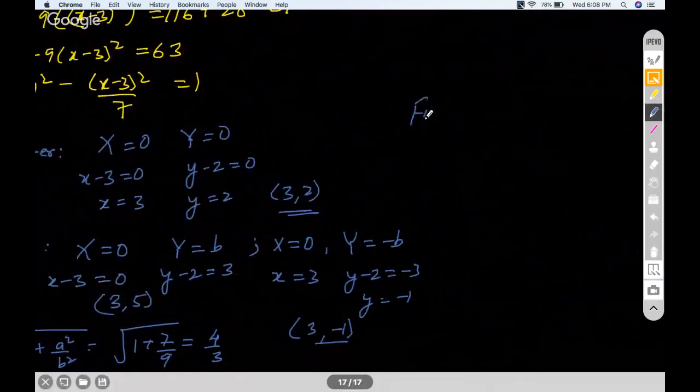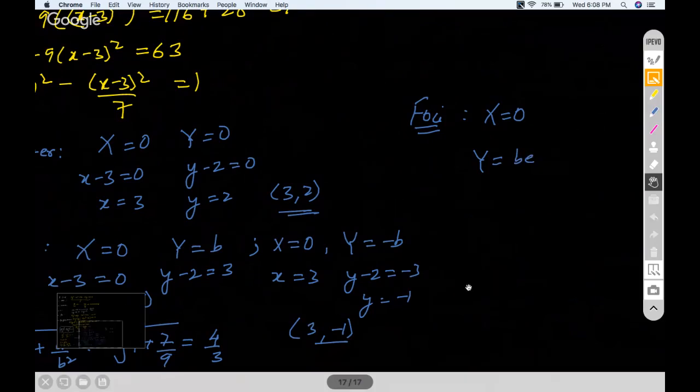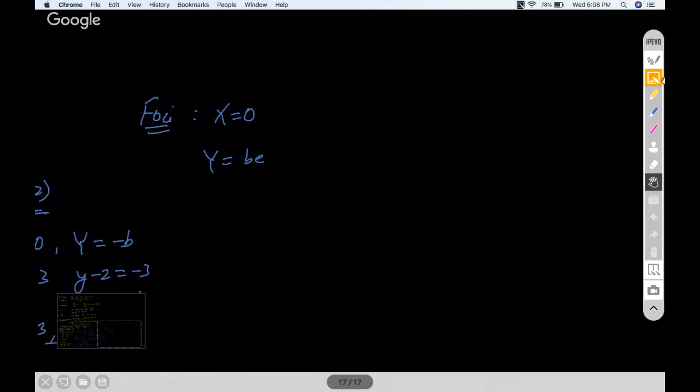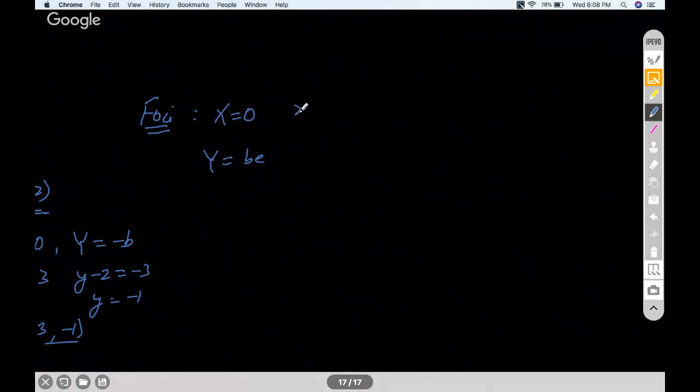Next is focus. We know that for the foci, in this case, x is equal to 0 and y is equal to plus minus b. So I'll take these two cases, x equal to 0, y equal to b. So x minus 3 is 0 and y minus 2 is equal to plus minus b.